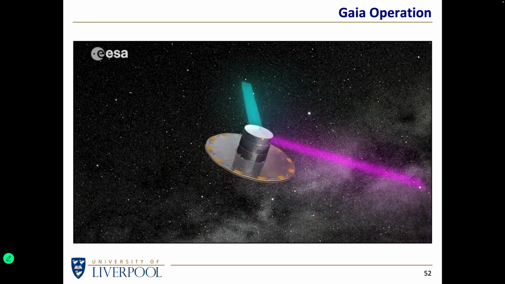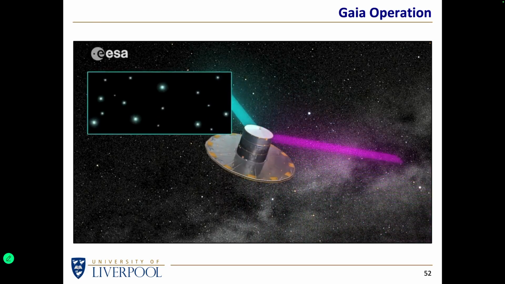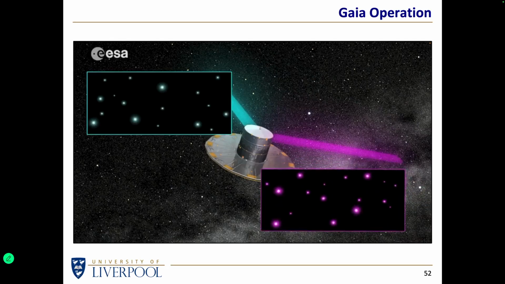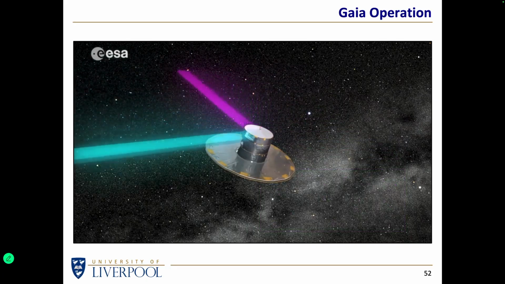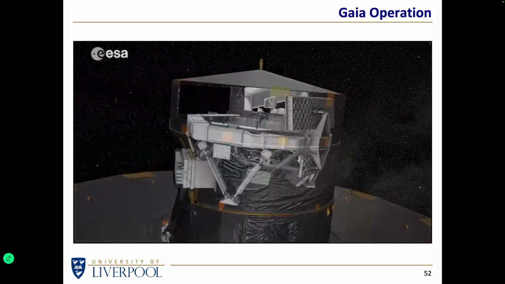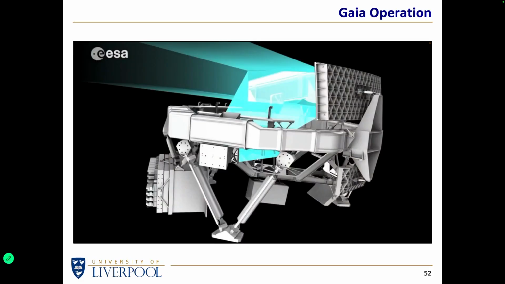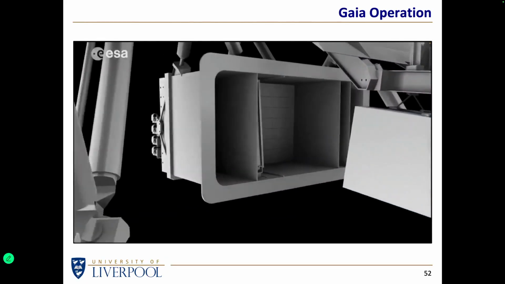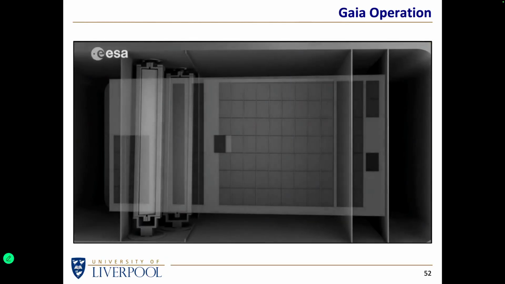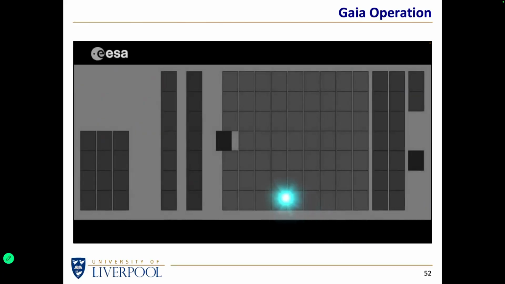There's the two telescopes. They're color-coded just so we can see what's going on. One telescope is looking at one patch of sky, one telescope at another. If we think about what's going on inside there, there's the naked Gaia. Light hits one mirror and then ends up on the sensor at the bottom there, the array of CCDs.